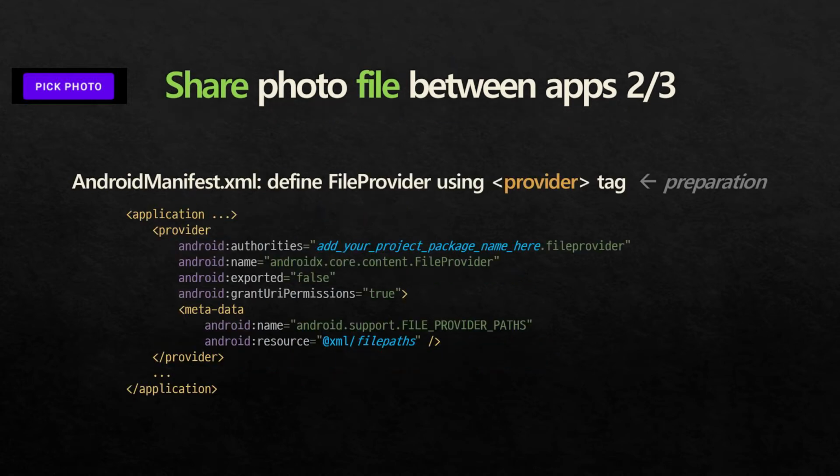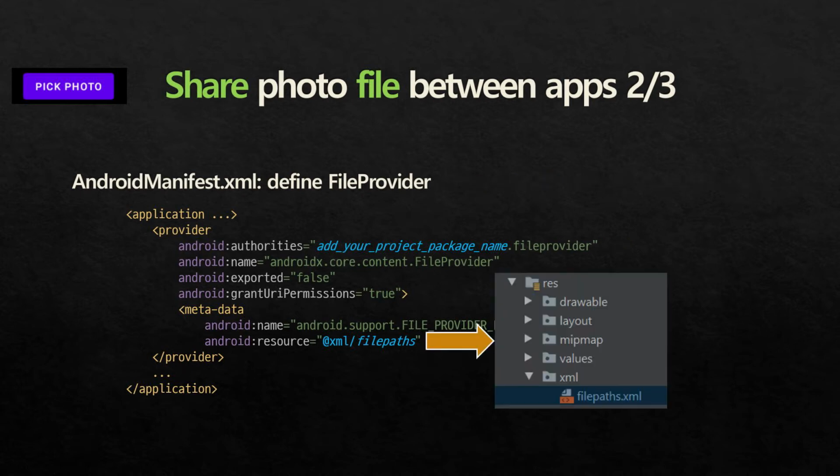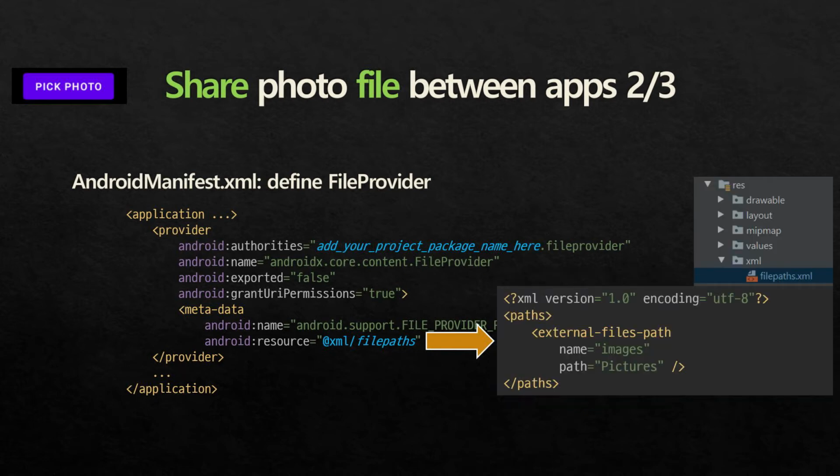To use the FileProvider class, you must first define a file provider. Let's define a file provider within the application tag in your manifest file. The file_paths.xml is a resource file. Inside the path tag, let's specify the directory to be used by the FileProvider class.